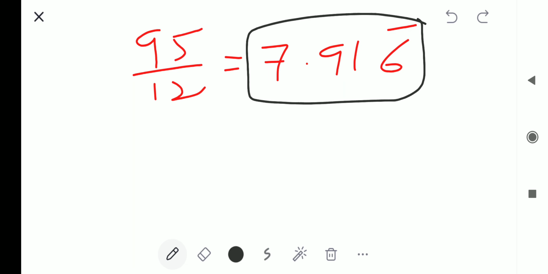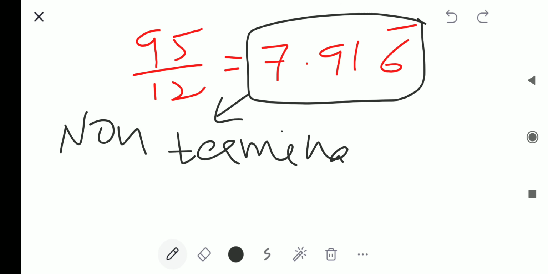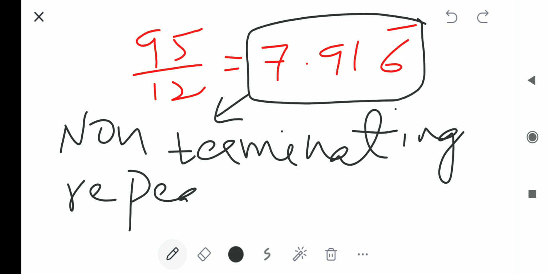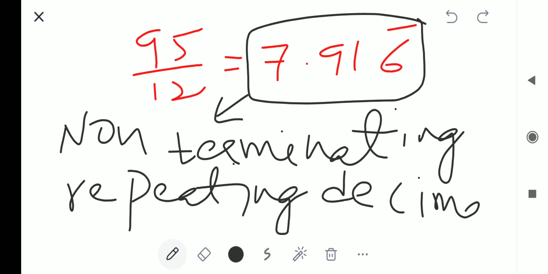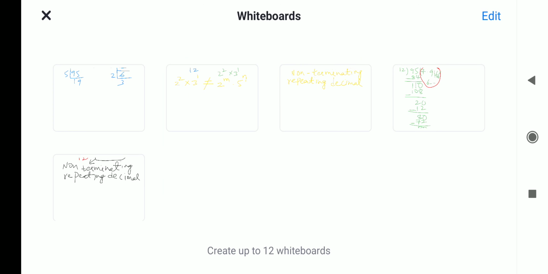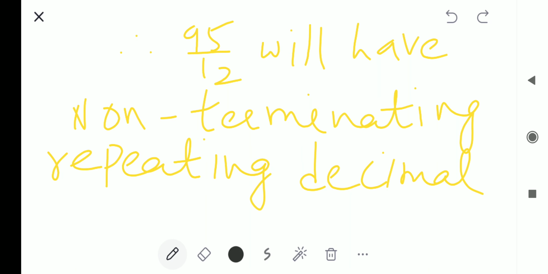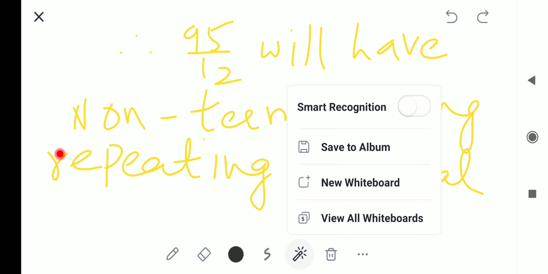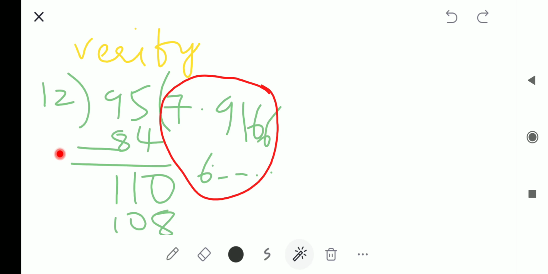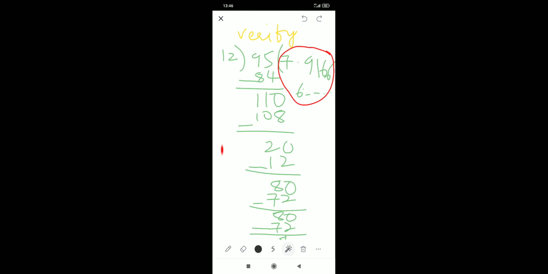This is a non-terminating repeating decimal. I hope you understood the conclusion I gave you. Without actual division, I concluded that it is a non-terminating repeating decimal. Even by actual division, I found the same result. I hope you understand this, children.